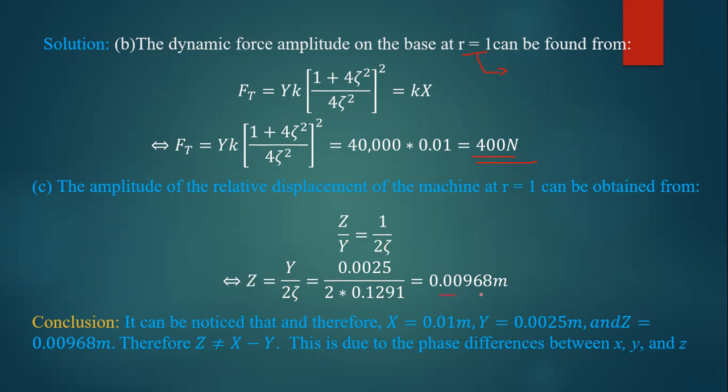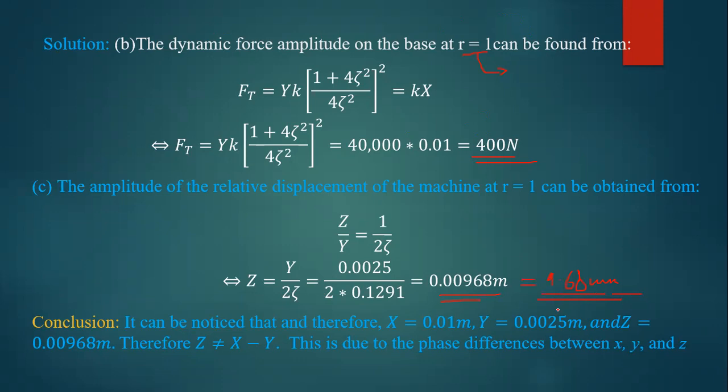From that we can find 0.00968 meter, which is equal to 9.68 millimeter. So this is Z.